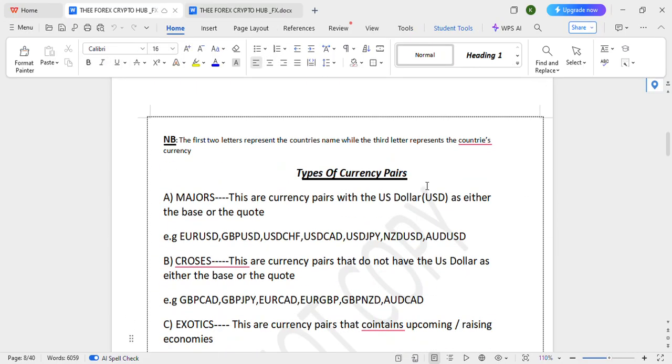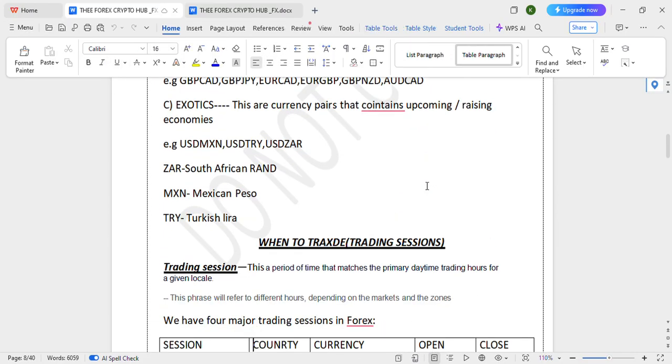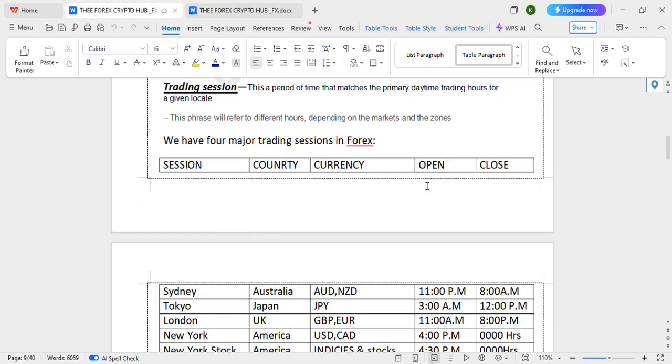So now, as you can see with me here is a chart or a table. You can see we have session on the first part. We have a country, this is the country where that session is taking place or is affecting directly.